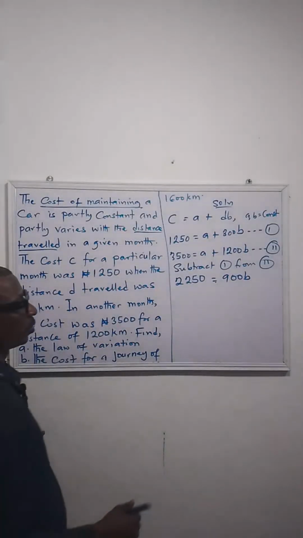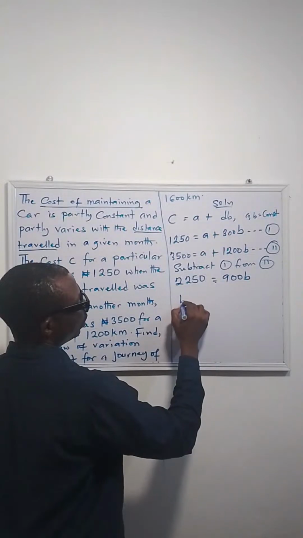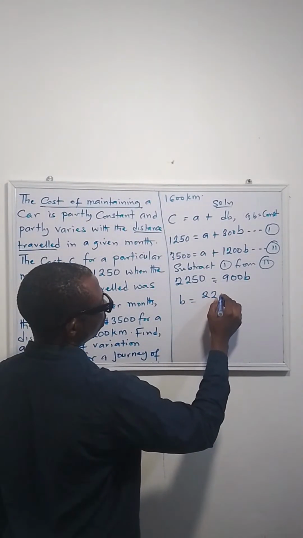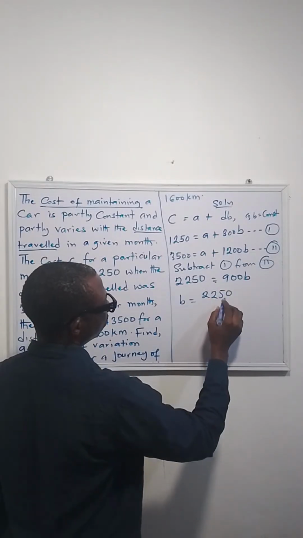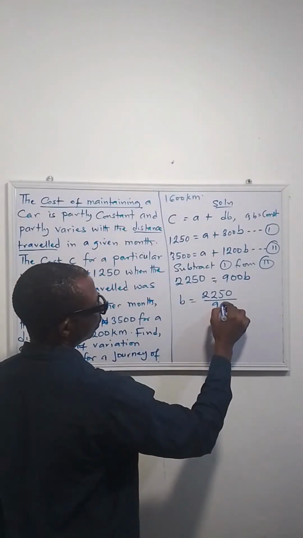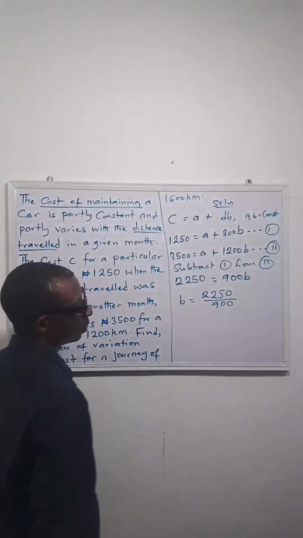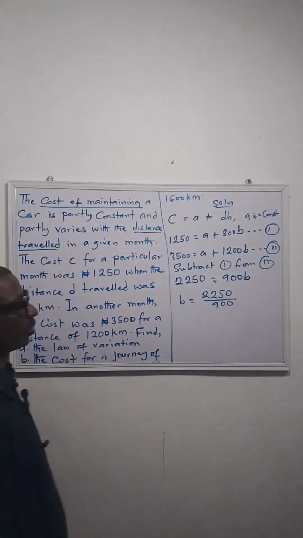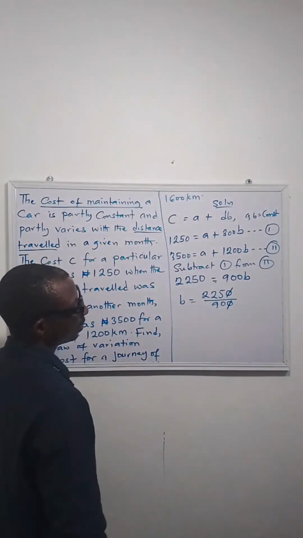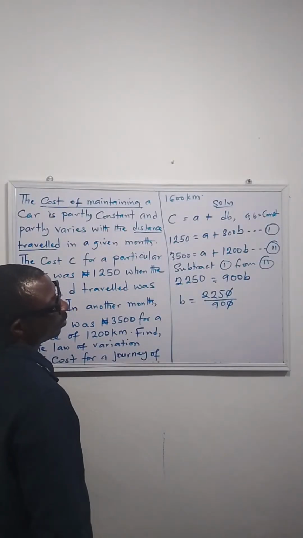Okay, so we now have b equals 2,250 over 900. Okay, so now let's simplify this. Now this will cancel this. Now let's see, 5 can go.